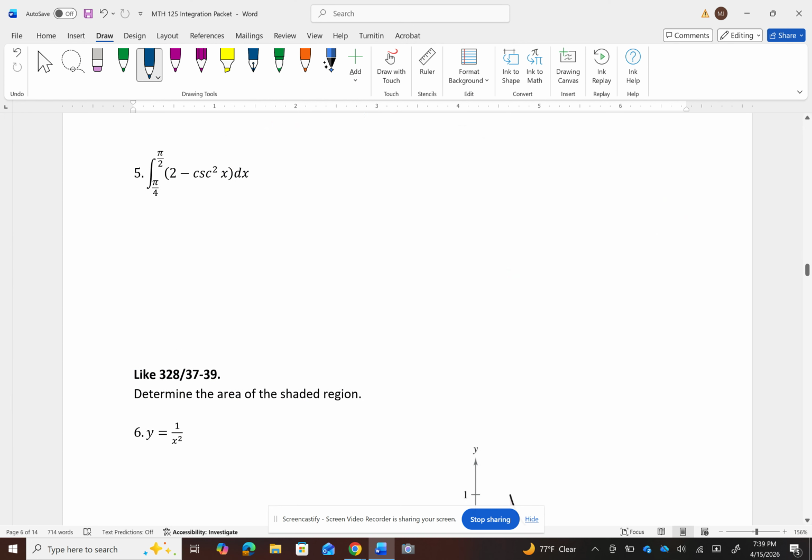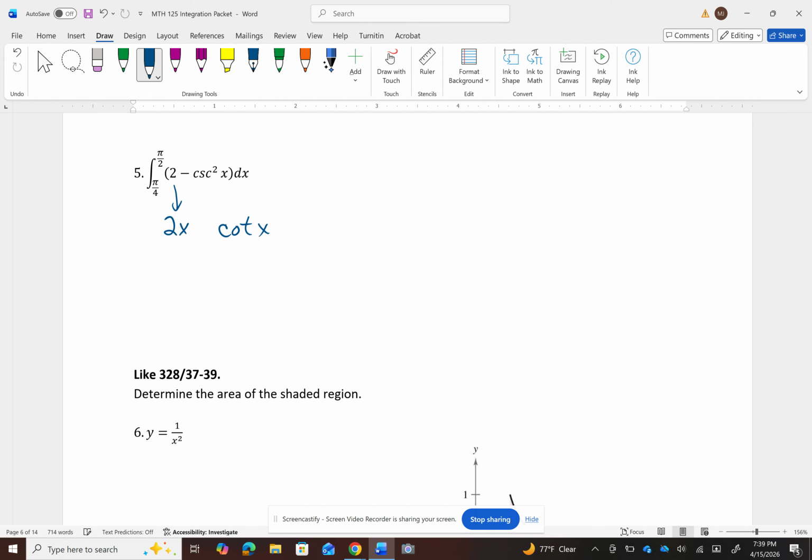This is one involving a trig function. All right, so let me ponder this. So I'm going to look at where the 2 came from, and that came from 2x. And then I recognize cosecant squared of x, that had to do with the derivative of cotangent.